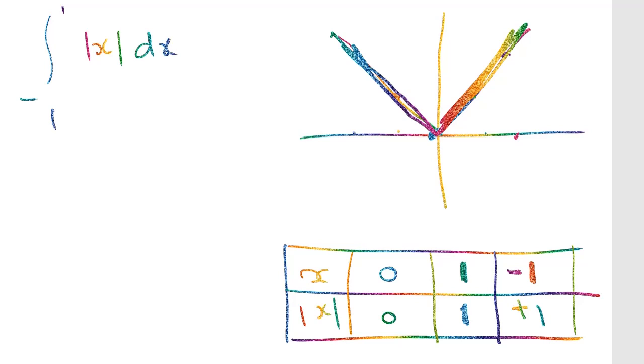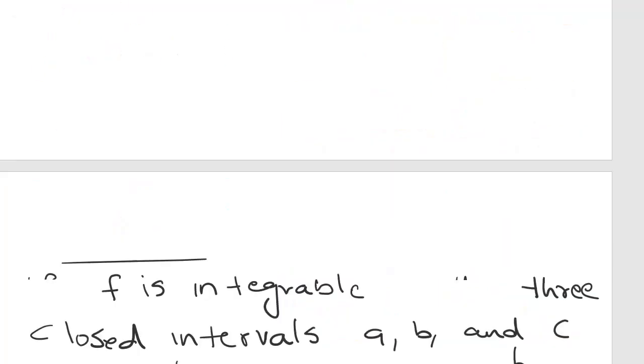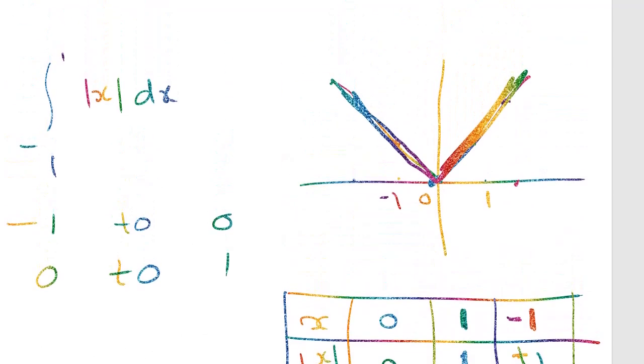Now for this V-shaped graph, our question is the integral from -1 to 1 of mod x dx. As per the above theorem, I'm going to split this, so this is -1, 0 and 1. I will split from -1 to 0 and then from 0 to 1. From -1 to 0, the graph is on the left hand side, so the modulus value will be negative, and from 0 to 1 it is on the right hand side, so the graph will have a positive value.